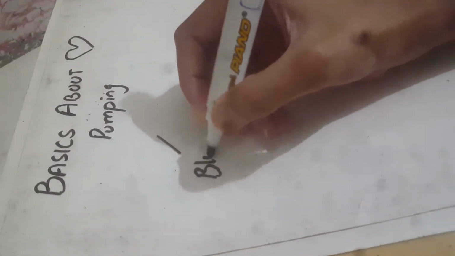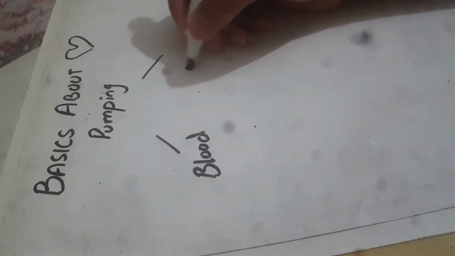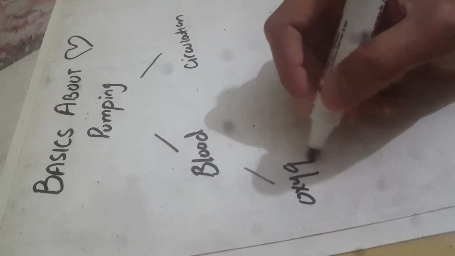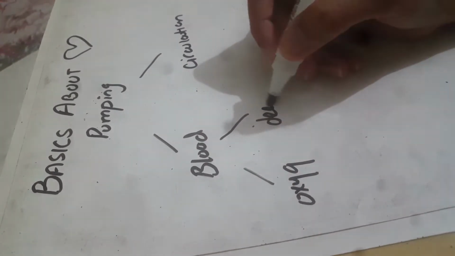The basics of cardiac physiology. In the heart, we have two basic things. Number one is a type of blood, and number two is a type of circulation. The blood type is that the heart has oxygenated blood or deoxygenated blood.